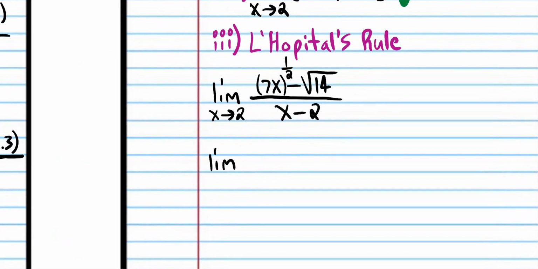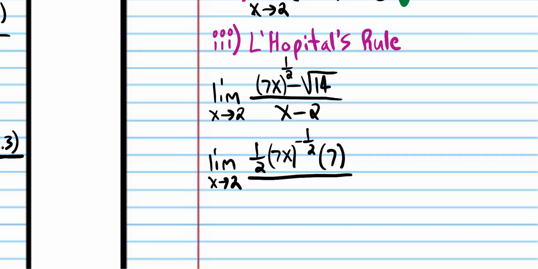And now we'll use L'Hopital's rule, finding the derivative of the numerator, and we had to use the chain rule because we have a function 7x inside another function, the root function. So the first step is find the derivative of the outside function. Second step, keep the inside function. And third step, multiply by the derivative of the inside function.